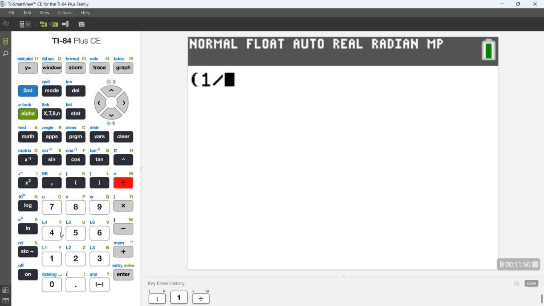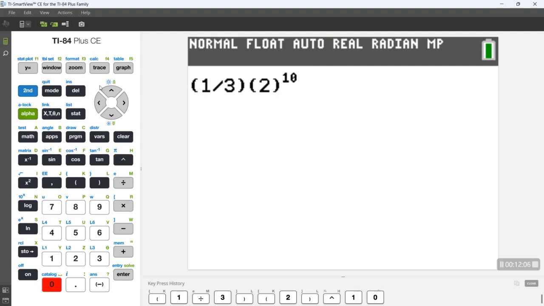It's a little overkill, but whenever you have a fraction, it's not a bad idea to put it in parentheses. It turns out it's not strictly necessary for this problem, but I want to do it anyway. Also not strictly necessary is the next set of parentheses, but I'm going to do it anyway. We're going to raise that to the 10th power. And then we are subtracting 1/3.